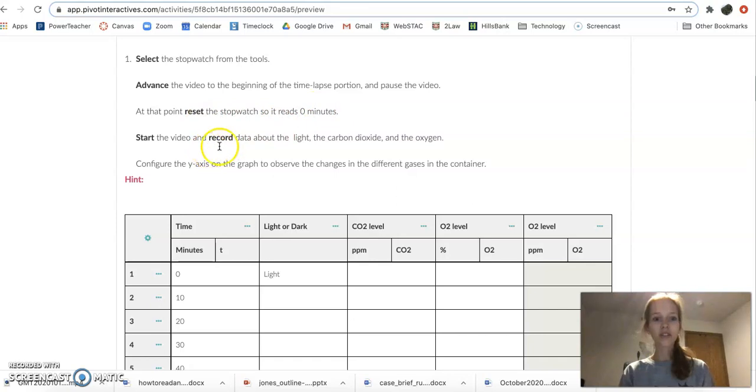And we're going to start the video and record our data about the light, carbon dioxide, and oxygen. Okay, so this instruction writer person doesn't want to tell us a whole lot about how to record the data. So I'm going to help you. I'm going to give you some clues about how a scientist, me, and now you, would record this data.